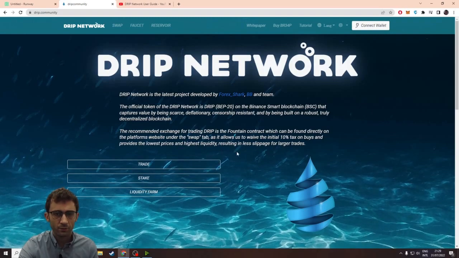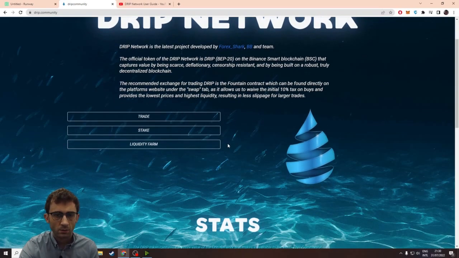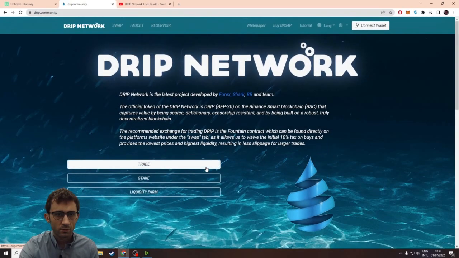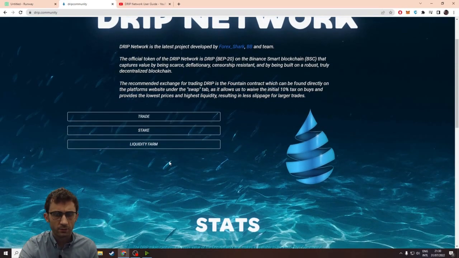So if you don't buy on their website, there's a 10% tax. Oh, interesting. So there's trade, stake, liquidity fund. Trade is swap, stake is faucet, and the reservoir is a liquidity fund.